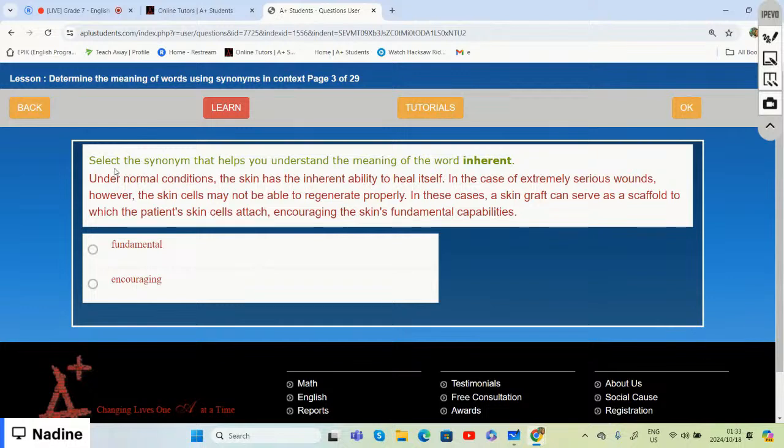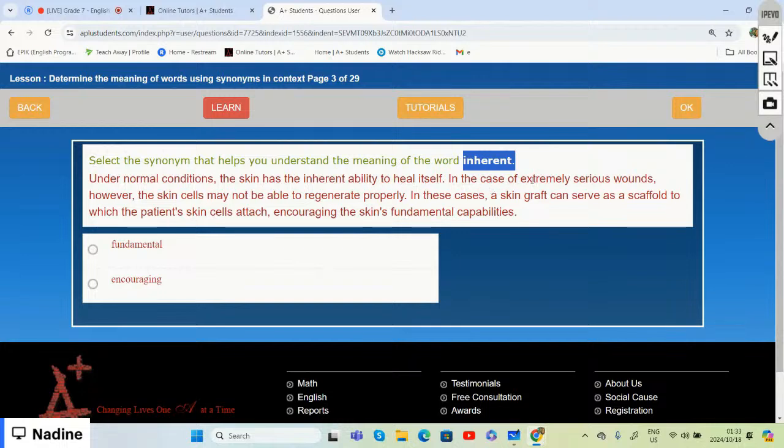All right. Now we need to select a synonym that helps you understand the meaning of the word inherent. It says, under normal conditions, the skin has the inherent ability to heal itself.